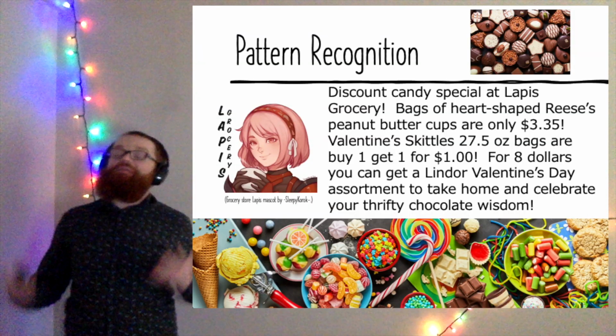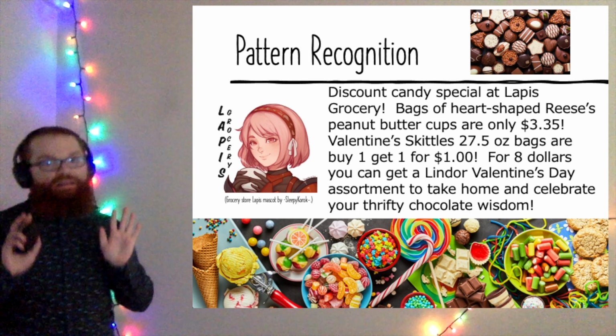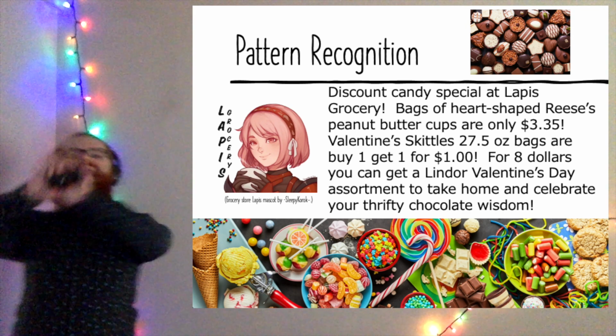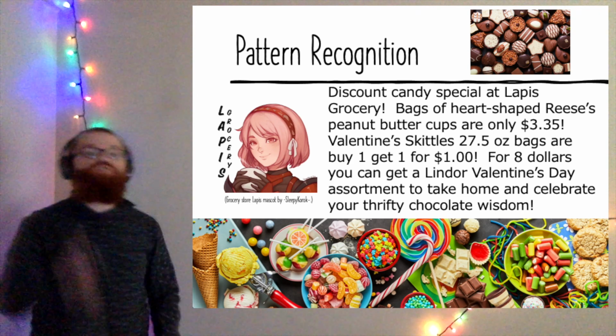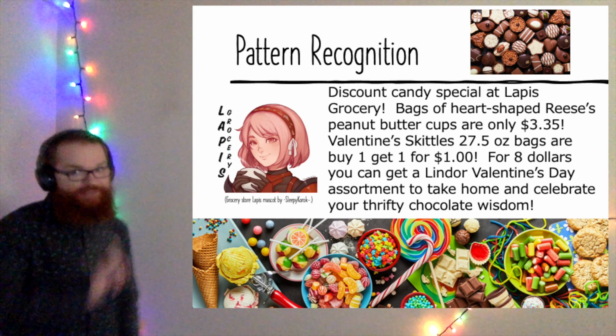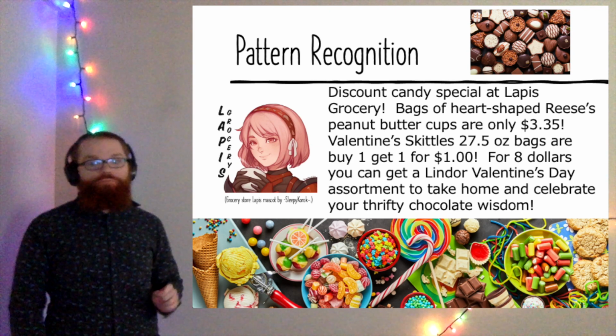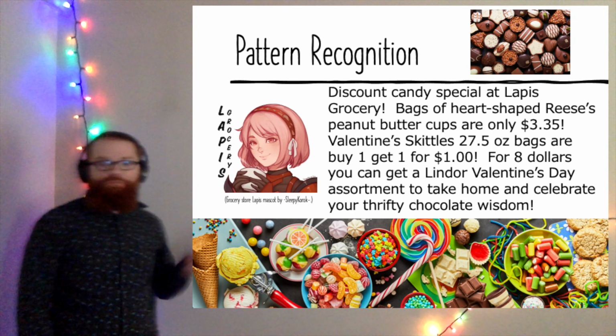Now, since this is the perfect time to buy chocolate, we want to write an algorithm that will search through every single ad that all of the grocery stores have, so that way we can get the most candy for the cheapest price. So, let's take a look at this example ad that I have here.